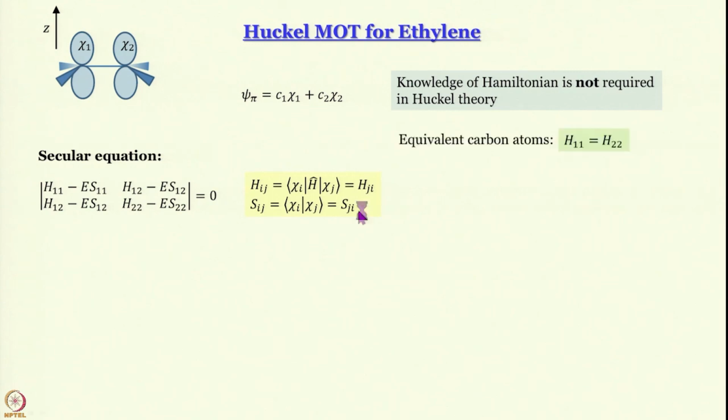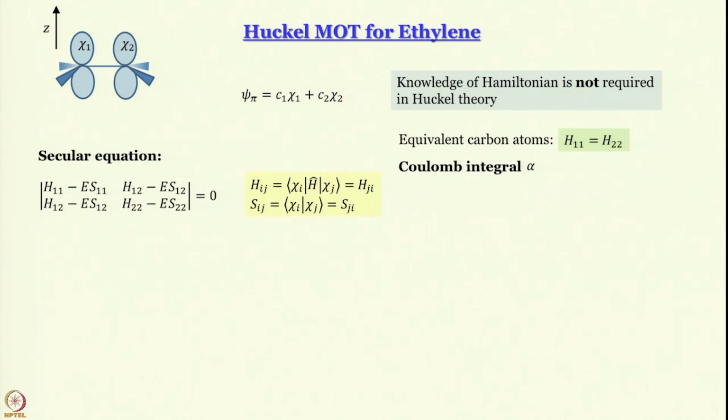Now, H11 has to be equal to H22 because we are talking about two equivalent carbon atoms. So, there is no reason why the integrals will be different if I write chi1 H chi1 or chi2 H chi2. So, H11 and H22 are one and the same. These are called the Coulomb integral alpha.